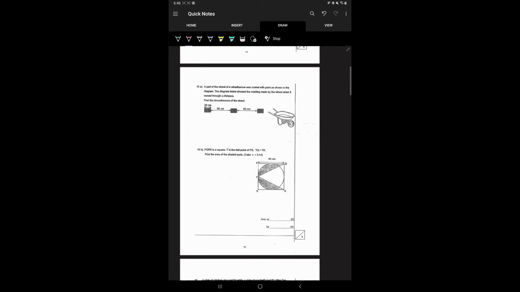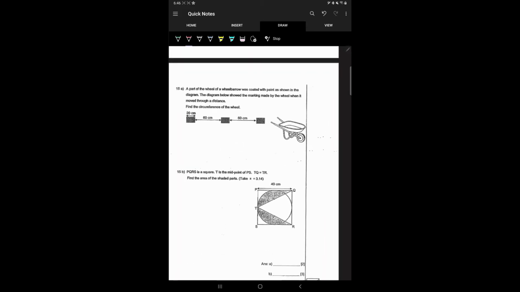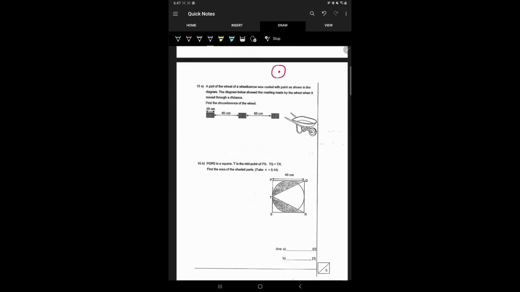So 15. They tell you that a part of the wheel of a wheelbarrow is coated with paint. So the diagram here shows the marking by the wheel when it moves through a distance. Then you have to find the circumference of the wheel. So the wheel will be something like this. Then they tell you it's coated somewhere. So let's say it's coated here.